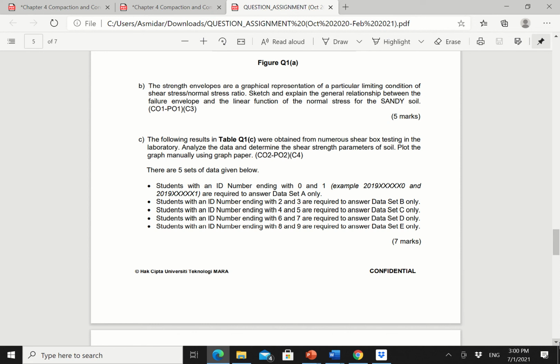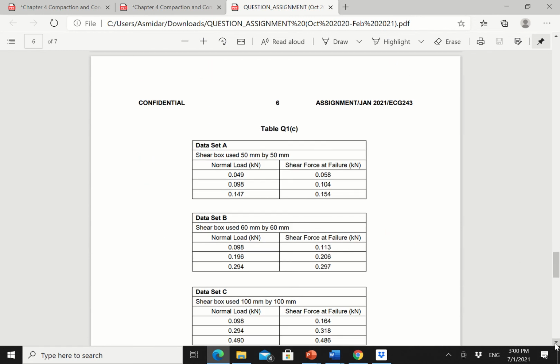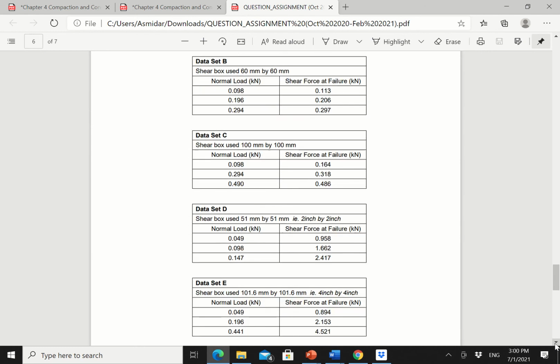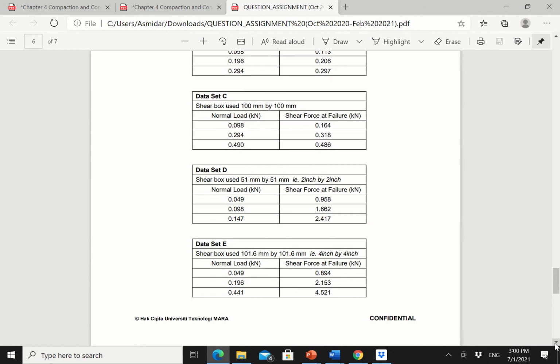If your ID number ends with 2 and 3, your data set is B. With 4 and 5, your data set is C. With 6 and 7, your data set is D. And with 8 and 9, your data set is E. Use this data set to plot the linear relationship for the shear box test.